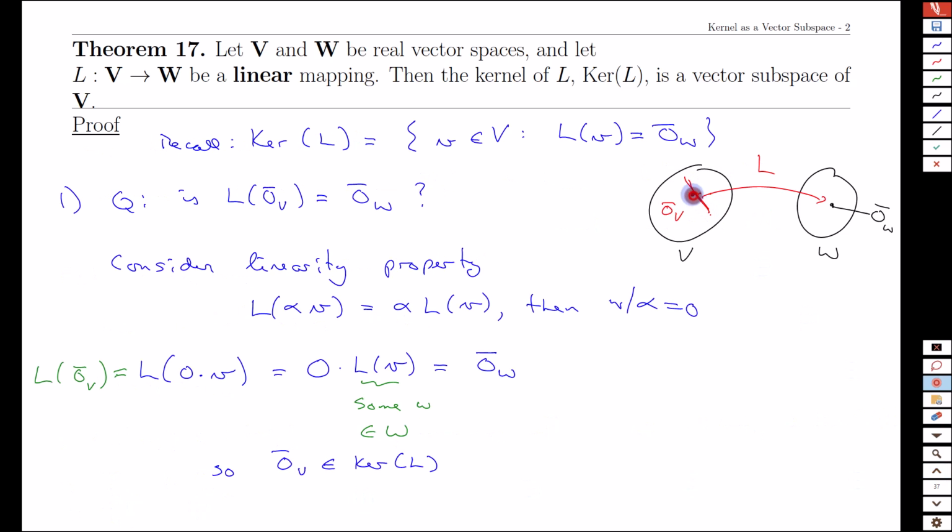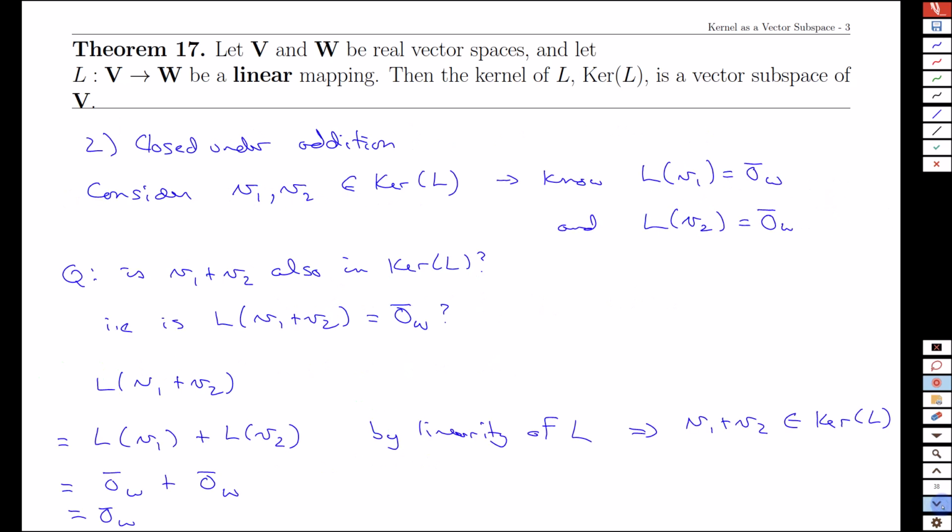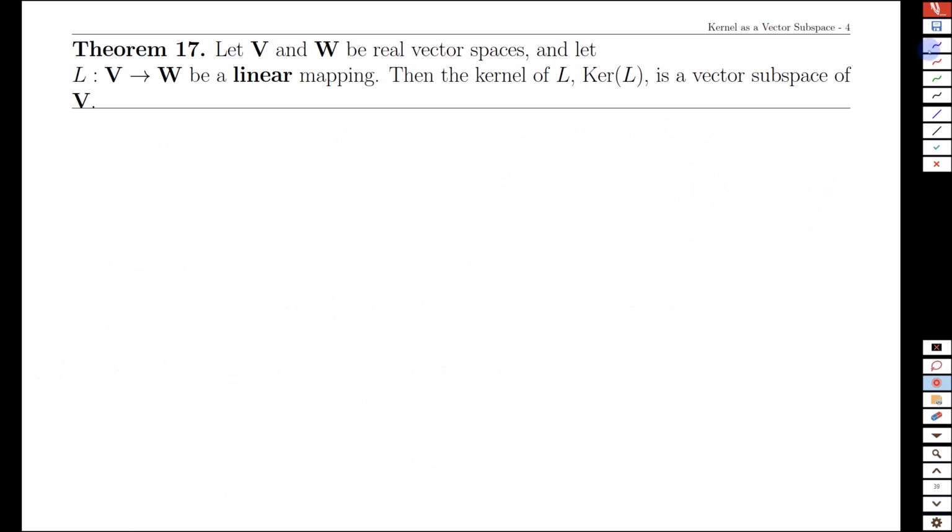So going back to our diagram here for a second, if I take any two vectors in this red line here and I add them together, I'm also going to get something that transforms through L to the 0 vector. So there's that commonality.